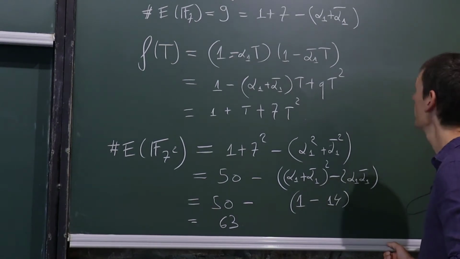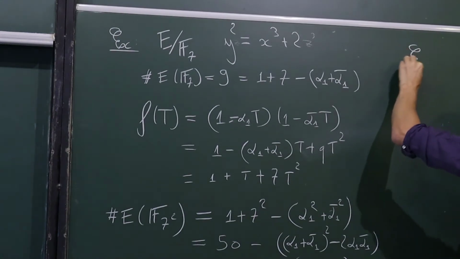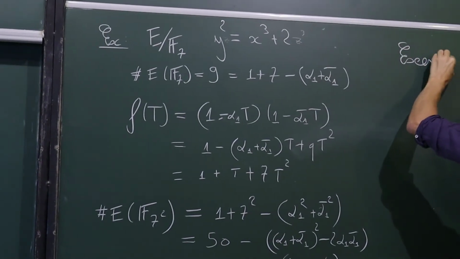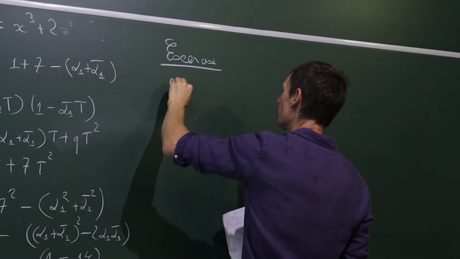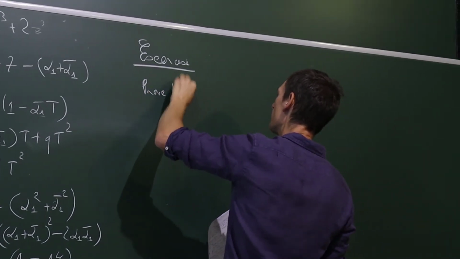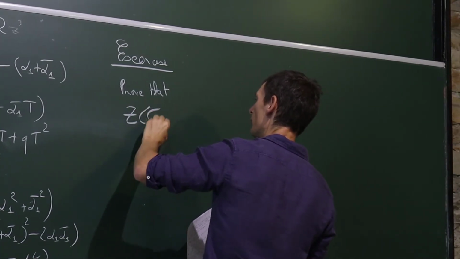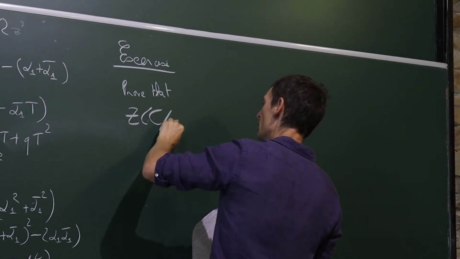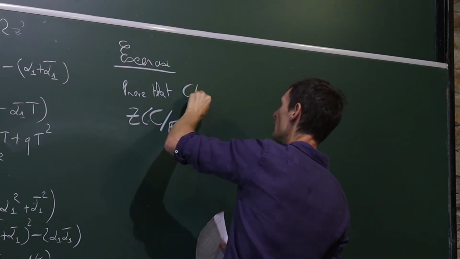Okay, and as an exercise maybe, let me write it here for you. So prove that the zeta function of C over F_q to the n. So C is a curve defined over F_q.